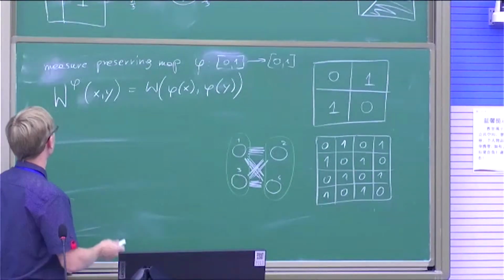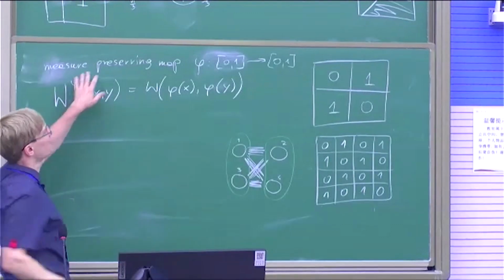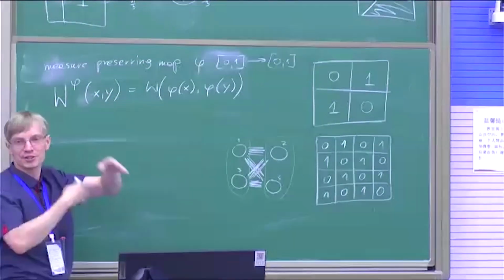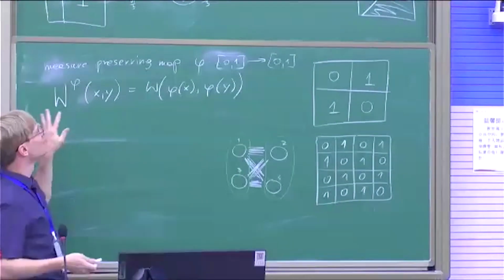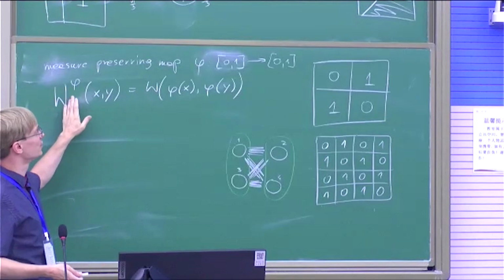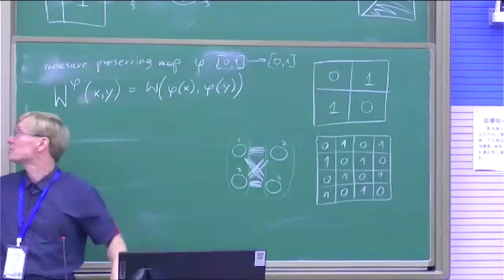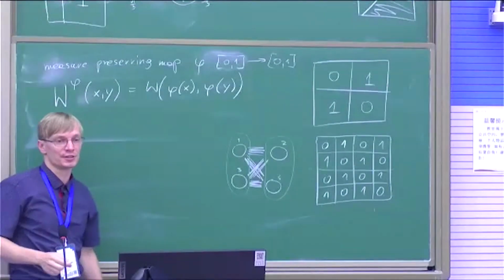What can be proven is that if I take any such measure preserving map, so any reshuffling, then this W with the measure after reshuffling will give me exactly the same densities as the original graphon.